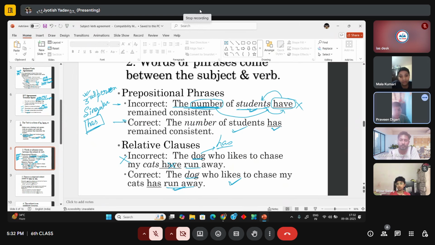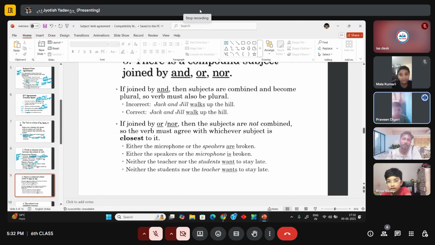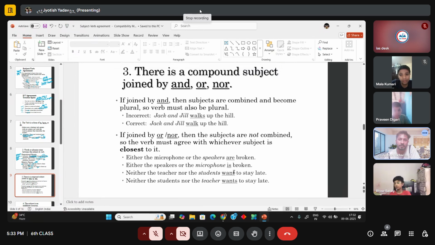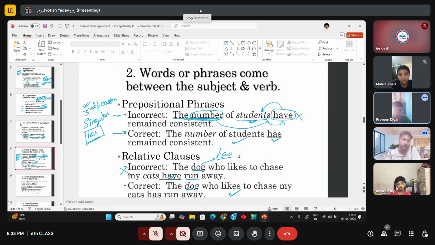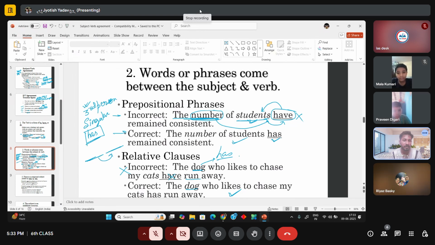Yes, sir. Sir, there was written "relative clauses". What is that? Okay. Relative clause basically focuses on the relation. I'm telling this sentence is related with this sentence, so I'm relating these things with the help of a clause.